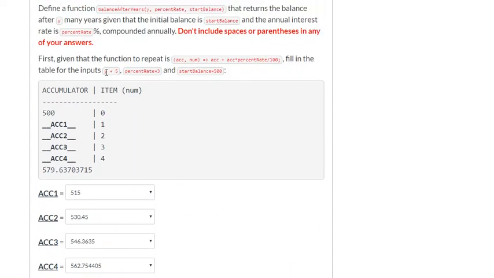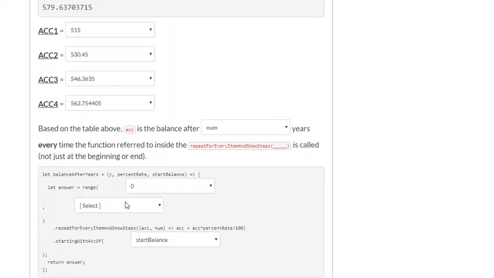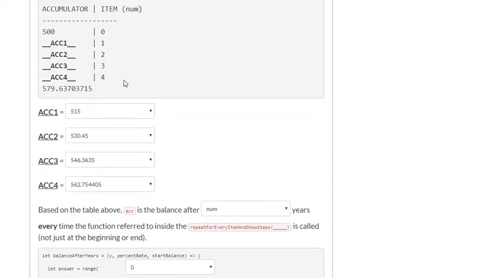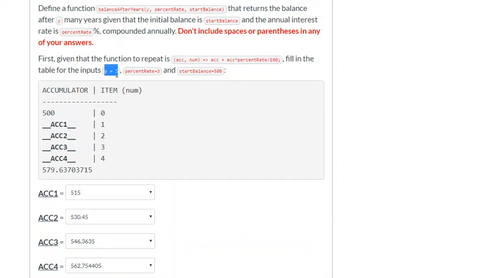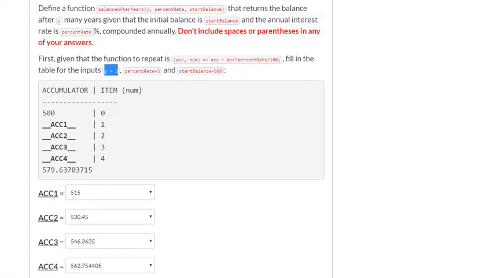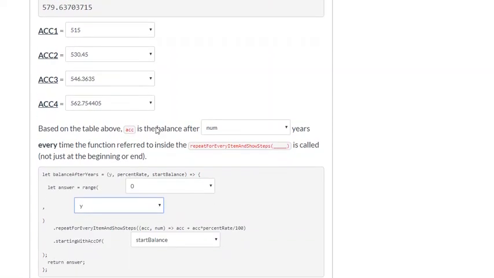And so rather than putting in y minus 1, you would have to put y. And again, this has to be completely general. When it was 10, you would want to do 9. When it was 5, you would want to do 4. So in general, whatever the number of years is, you want to go to 1 less than that. So if you want to go to y minus 1, you have to give range 1 more, so you do y minus 1 plus 1, which gives you your y.